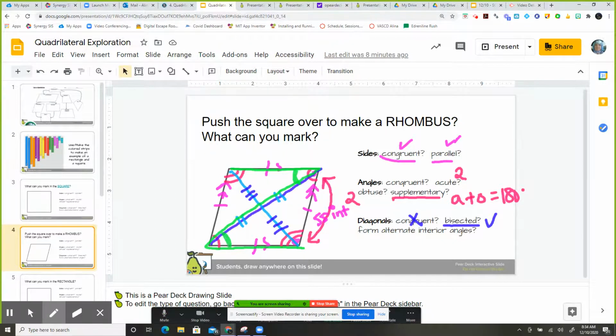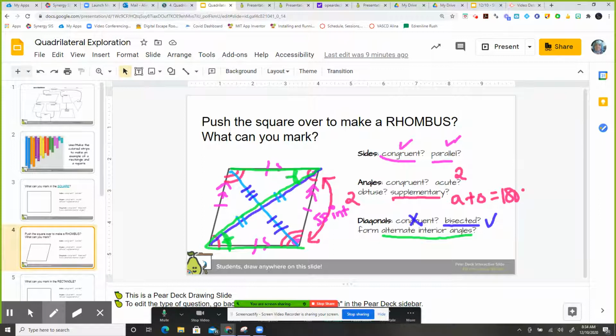A Z. That means we have alternate interior angles. So anywhere you can make a Z with a pair of parallel sides and the diagonal, you've got some alternate interior angles. So you definitely have some congruent angles here too.